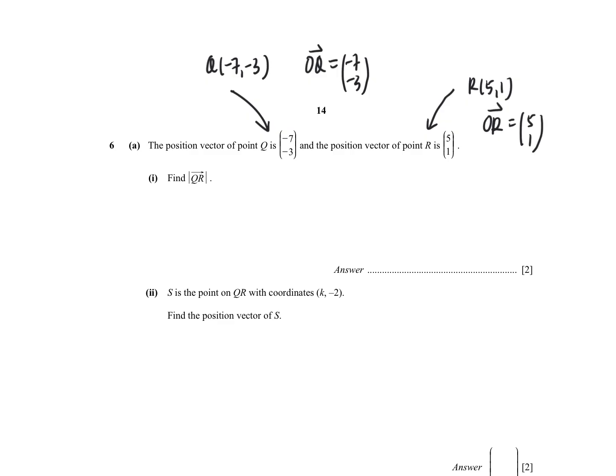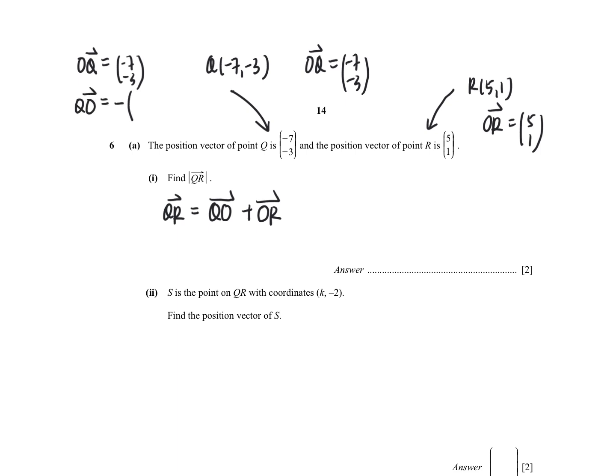So when they ask you to find the vector Q to R, you know you must start from Q, end at R. So the interchange between them must be O, because that's the only thing you have. So take note, OQ is -7, -3. QO is the opposite.